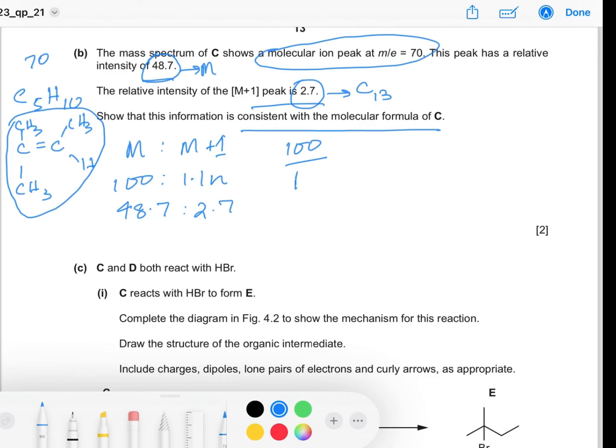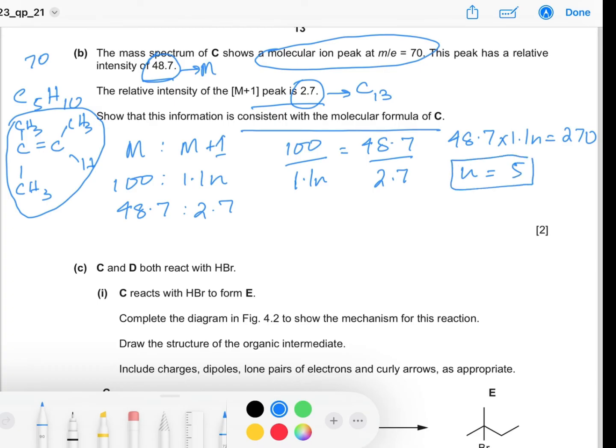So 100 over 1.1n is equal to 48.7 divided by 2.7, which means 48.7 times 1.1n is equal to 270, and the number of carbon atoms here is equal to 5.